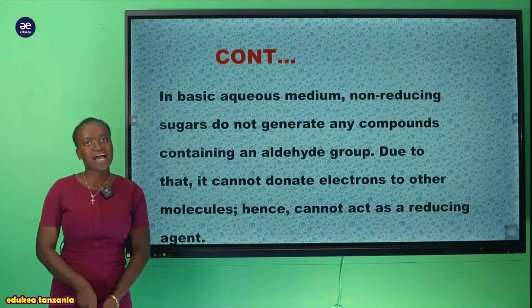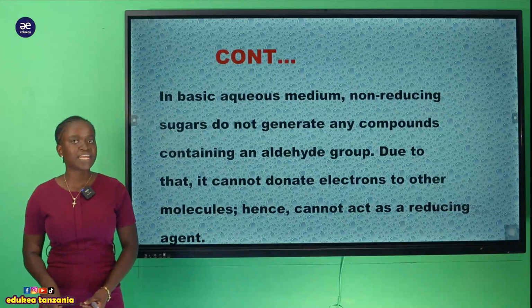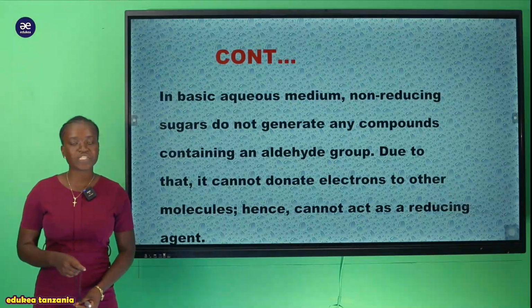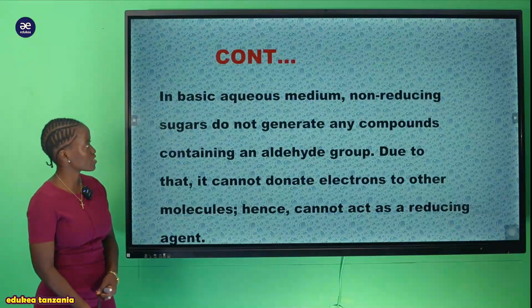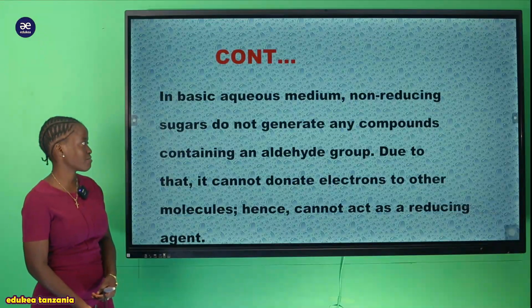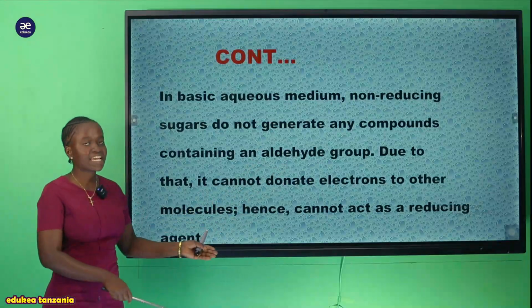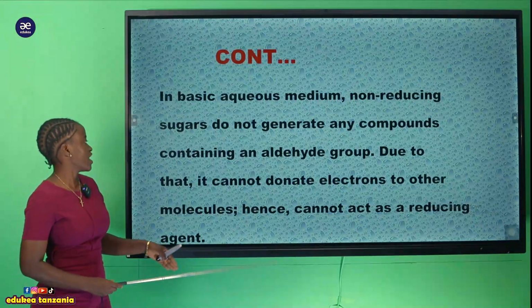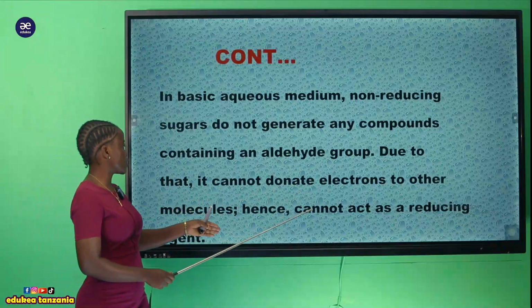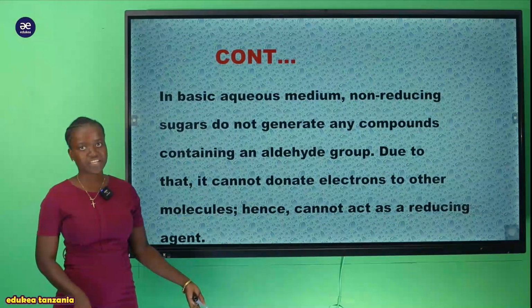So with these non-reducing sugars, my student, keep it in your mind. An example of a non-reducing sugar is sucrose. We say sucrose is a non-reducing sugar because it does not generate any compound containing an aldehyde group in its structure. So due to that, it cannot donate electrons to the molecule and hence cannot act as a reducing agent.